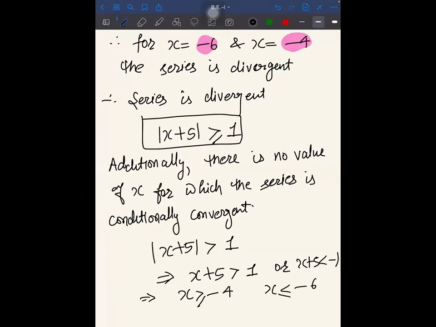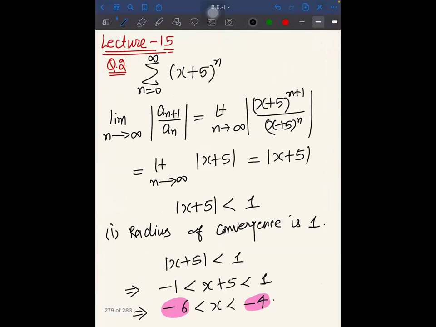So that means minus infinity to minus 6 closed interval, union minus 4 to infinity. Is it okay? Can you please switch to the previous slide? Yes, please. Is it fine?